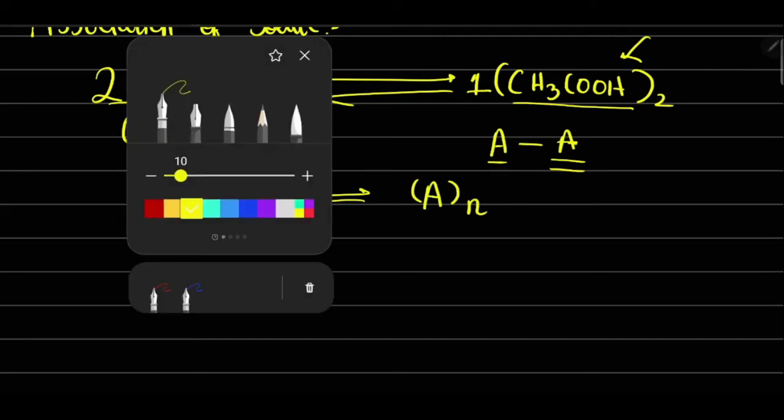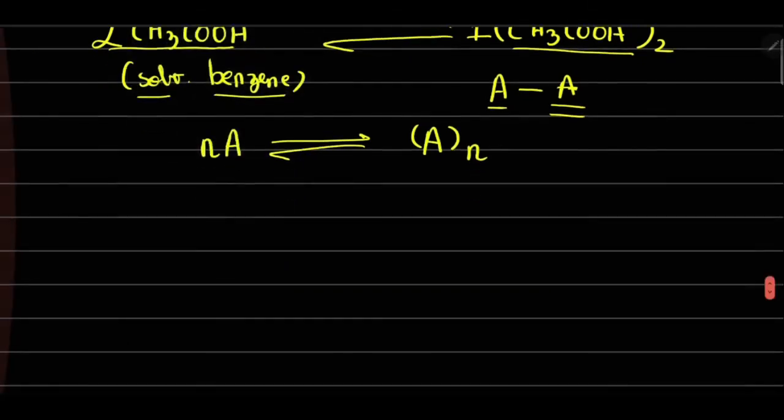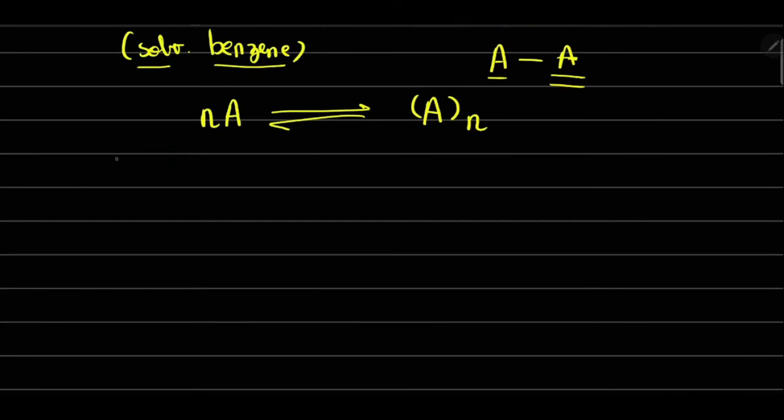Now let us calculate the chemical equilibrium quantities for this. Let us write at T is equal to 0, we are having 1 mole of component A and no moles of product. At T is equal to some time capital T, there is some association, and we are using the same term alpha, called the degree of dissociation here. All is covered in chemical equilibrium.